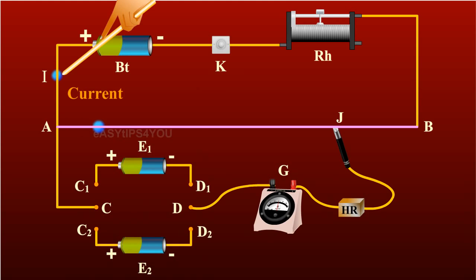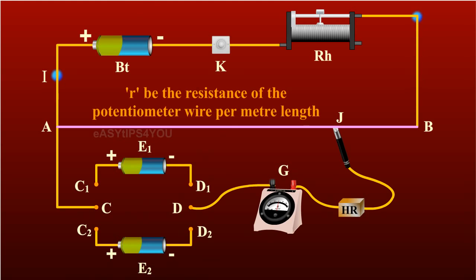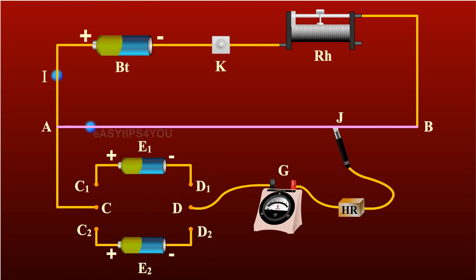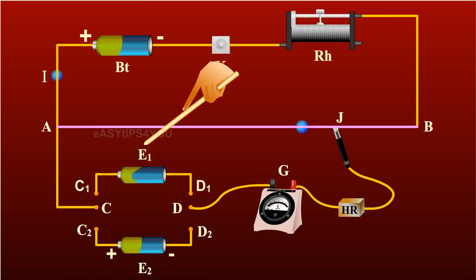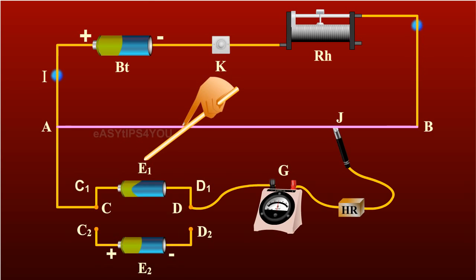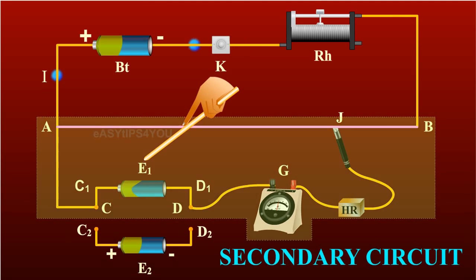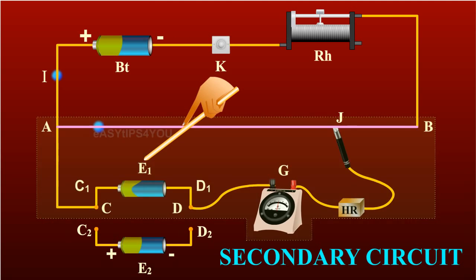Let I be the current flowing through the primary circuit and R be the resistance of the potentiometer wire per meter length. The DP-DT switch is pressed towards C1, D1 so that cell E1 is included in the secondary circuit.